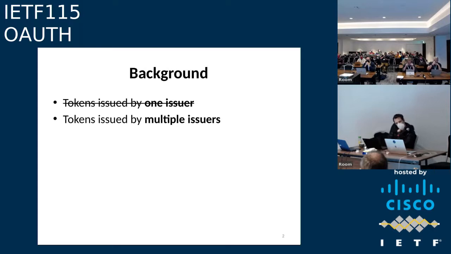We tried to address both in one document, which made it cumbersome, awkward, and confusing. So we've decided to focus on one category, which is multiple tokens from multiple issuers. We'll look into the other one in the future, maybe in a completely different document.